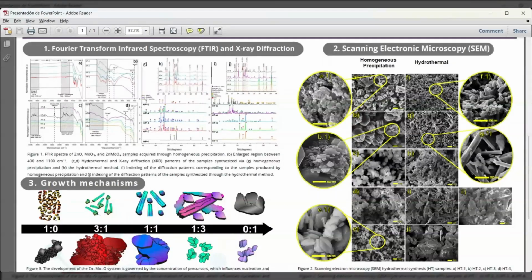In contrast, the hydrothermal route produces a more complex phase evolution, including an additional molybdenum-containing phase. These structural changes are accompanied by significant variation in crystallite size, microstrain, and morphology, demonstrating that the zinc-molybdenum ratio and the synthesis route are key parameters for controlling the final properties of the zinc-molybdenum oxide system. Thank you for your attention.